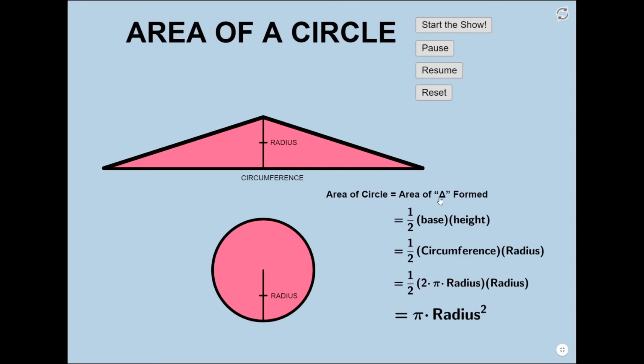We've then worked through to work out how we would find the area of this triangle. So if you look, we know the area of a triangle is a half base times height, and because our base is the circumference and our height is the radius, we can substitute those values in, and then we know it's 2 lots of pi lots of radius to work out the circumference like we talked about previously, but then it's multiplied by the radius, so then 2 times a half gives us 1, so that cancels out, so then it's just pi times radius squared.